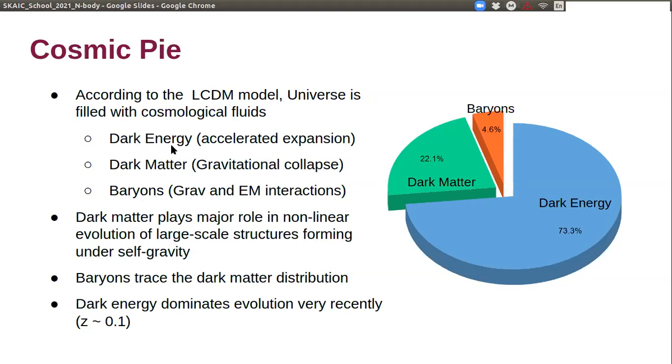As you already know, dark energy causes accelerated expansion, but the thing is that dark energy starts dominating only in the very recent universe, maybe redshift of the order of 0.1 or even less than that. However, there are dark matter and baryonic components in the universe which were dominant at the redshifts of our interest, and today we are going to simulate the structure forming due to their gravitational interaction.